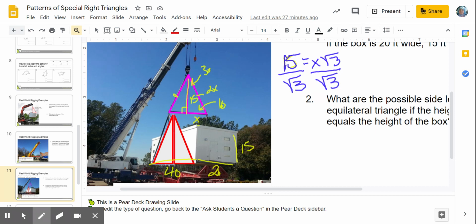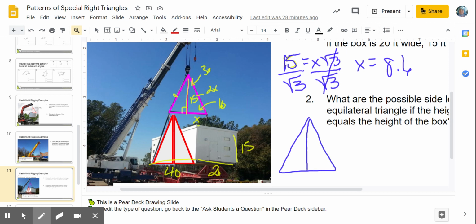Square root of 3. The square root of 3's cancel out on the right side, and we get x equals what? What is 15 divided by the square root of 3? 8.6, right?